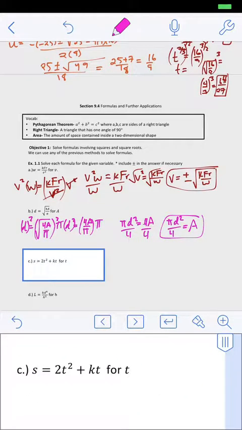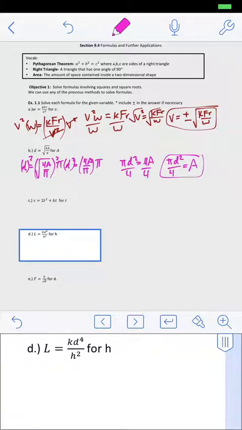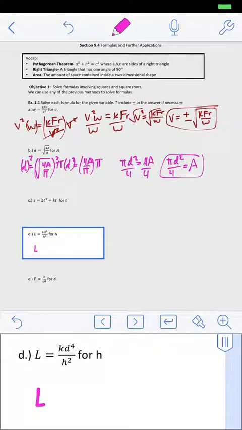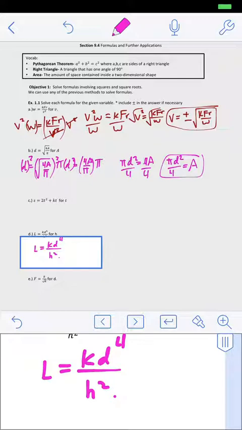I'm going to skip C for just a moment, and I'm going to jump down to D, just because it's very similar to B. We'll go back to C in a sec. So let's figure this one out. I'm solving L is equal to K D to the 4th over H squared for H. Again, I have the variable I want in the denominator.